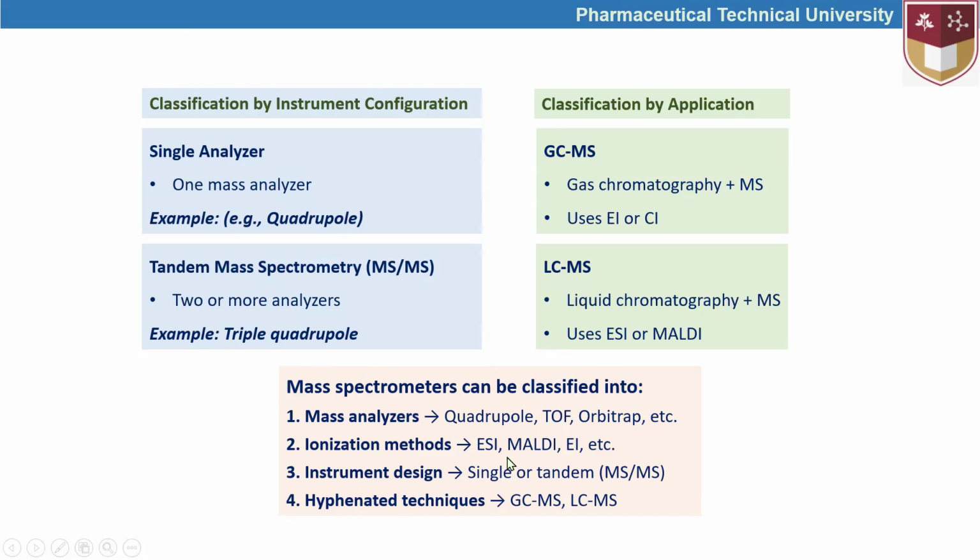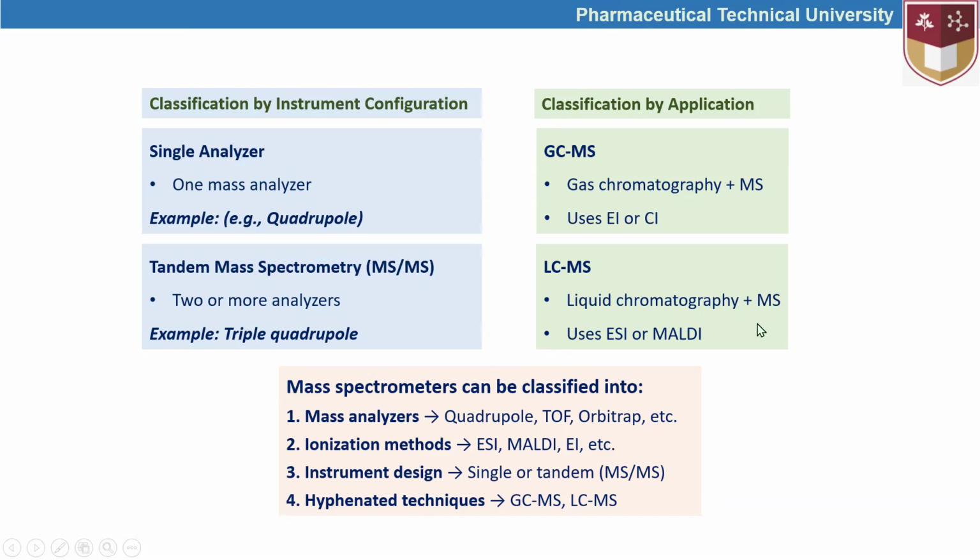And according to ionization methods, mass spectrometers could be provided with electrospray ionization, matrix-assisted laser desorption ionization, electron ionization, or chemical ionization techniques, and mass analysis, as we talked, could be quadrupole, TOF, Orbitrap, trap, and others.